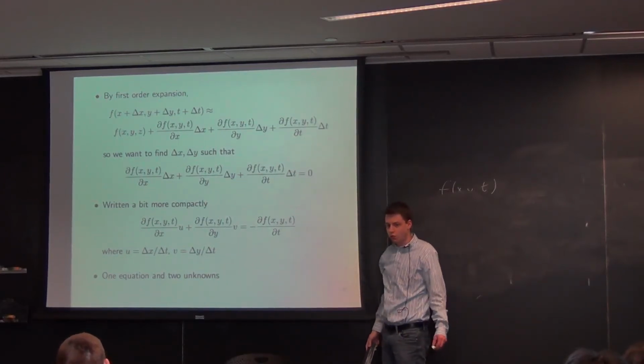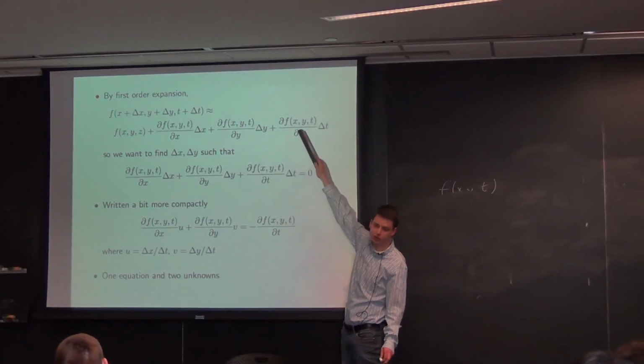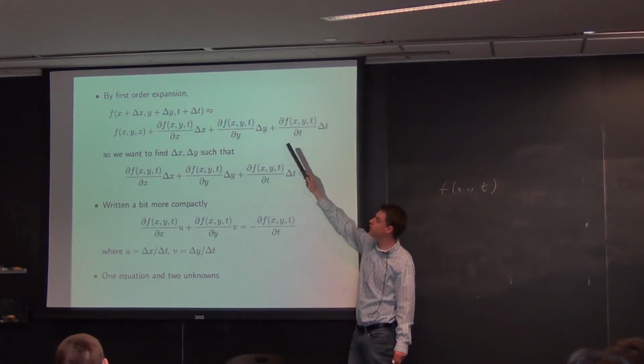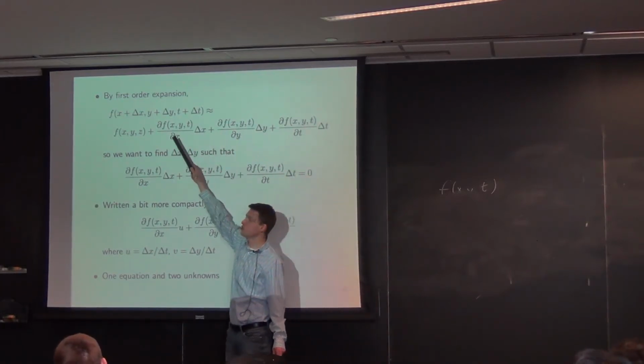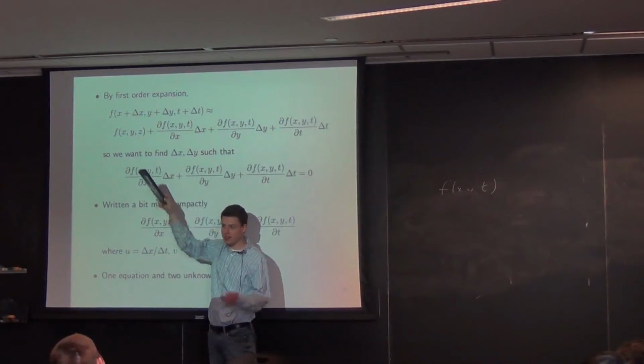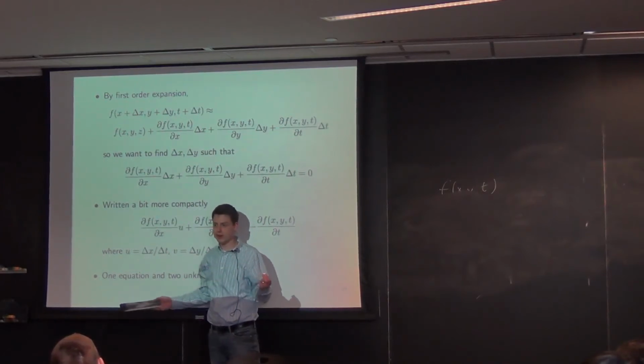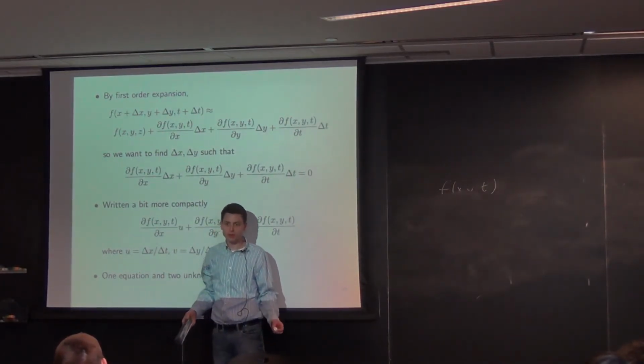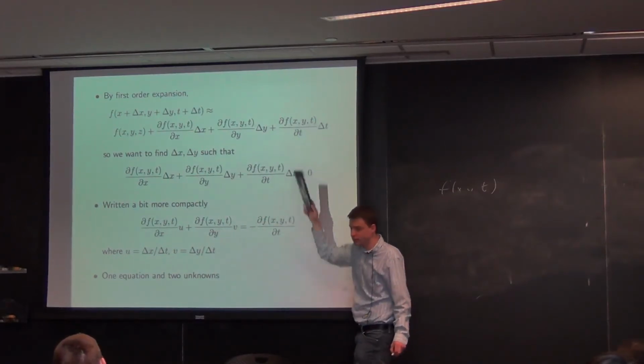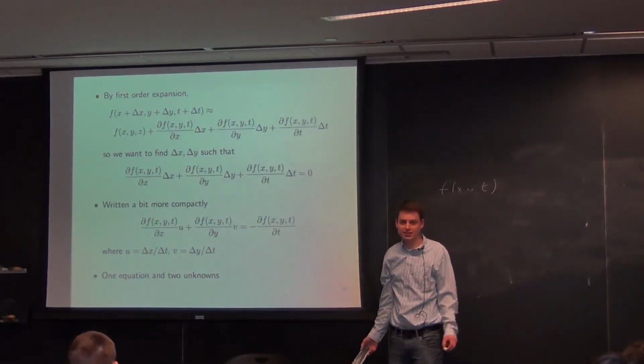There's one more quantity here that we haven't seen before. These are just the image gradients evaluated at that first time. There's nothing different about them. They're exactly the same image gradients we had before. And this one is just a time gradient.